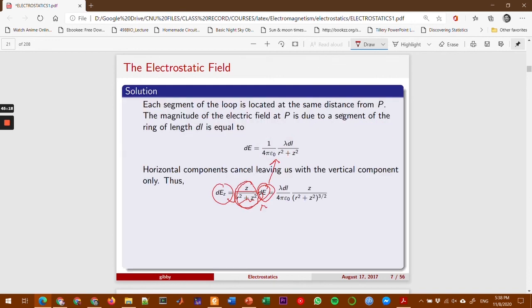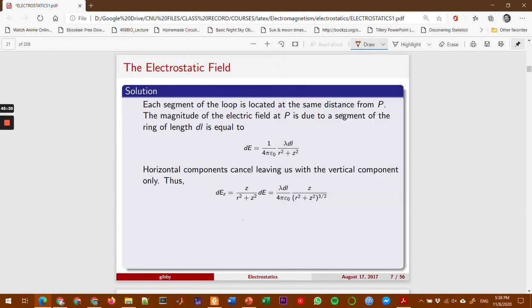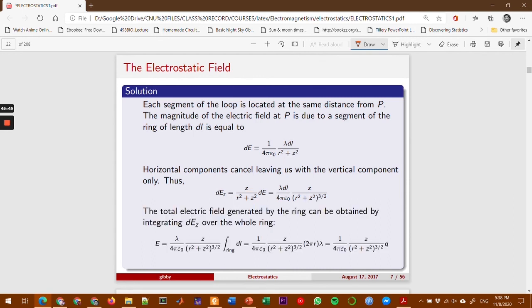Let me erase. So there should be a square root here. That's why we have 3 halves, because this times this gives you 3 halves.